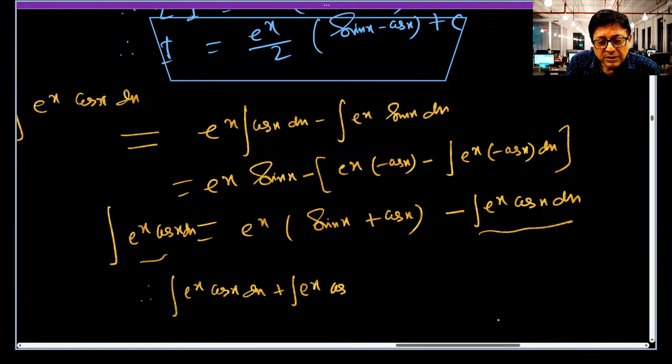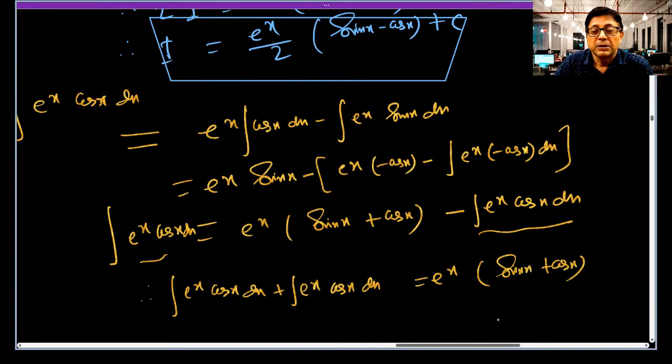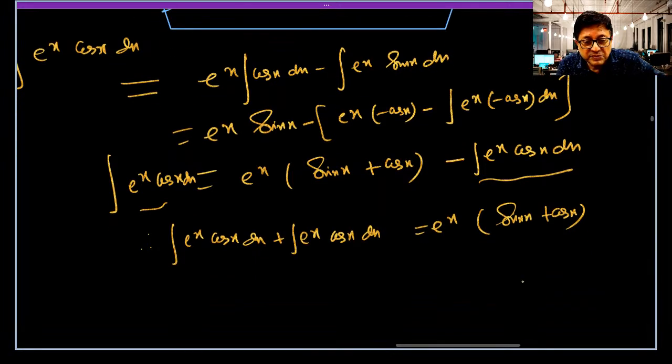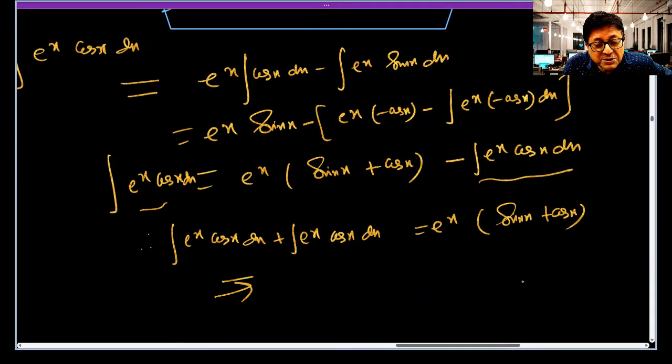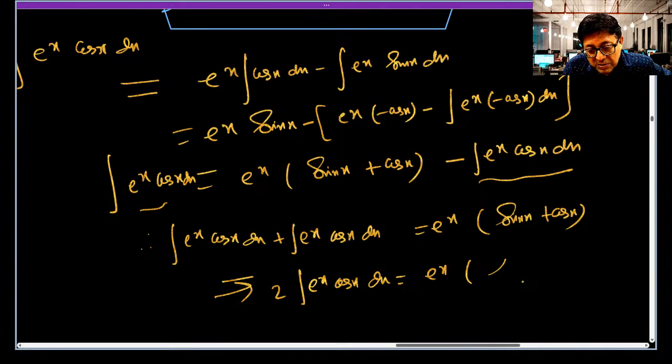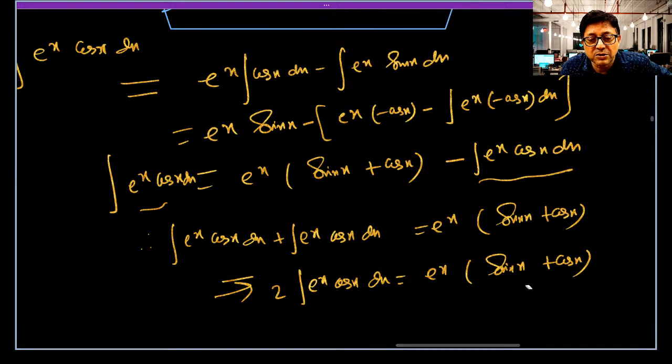Plus. Okay, so this implies 2 into I equals e to the power x into sin x plus cos x.